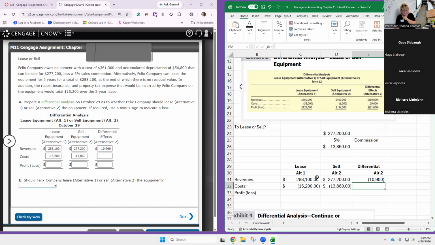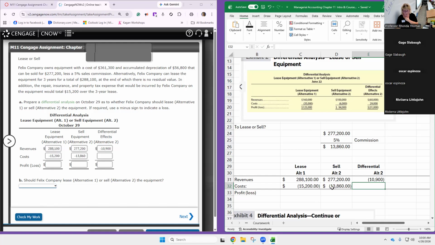If I had taken the lease and subtracted the sale... whatever alternative you're using, that's the one you start with and you subtract the other. To me, I would have just put a sale on this side. Anyway, we're going to follow the book.